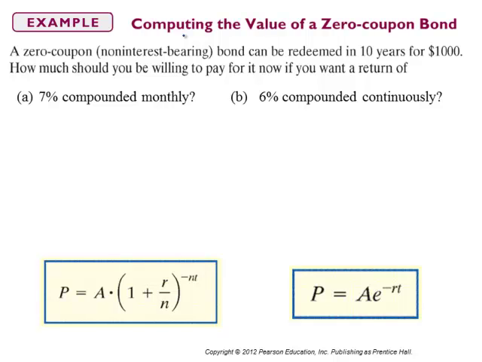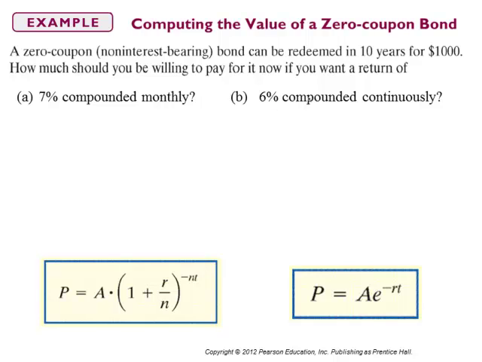That's really what a bond is. An IOU. Now, zero coupon means that they're not going to pay you any interest. Now, a zero coupon bond can be redeemed in 10 years for $1,000. How much should you be willing to pay for it now if you want a return of 7% compounded monthly?